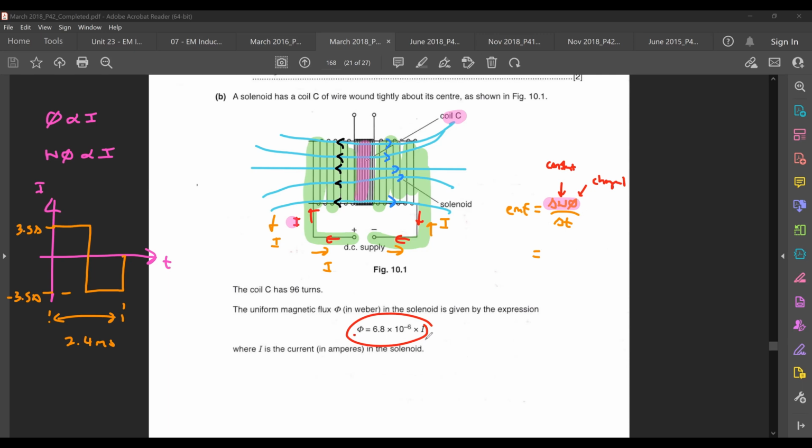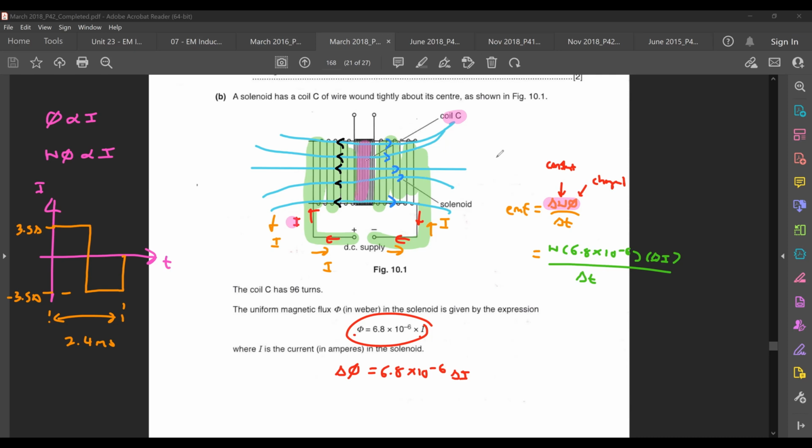So the change in flux is going to be 6.8 times 10 to the power minus 6 times the change in current. The EMF is N times change in flux over delta T, which I'll write as N times 6.8 times 10 to the power minus 6 times delta I divided by delta T. I need to find my delta I, my change in current.